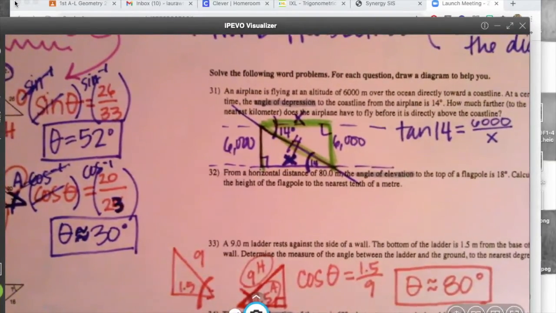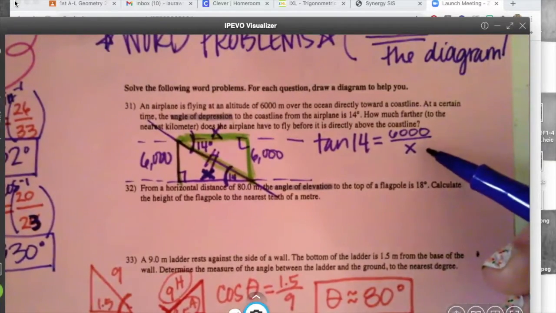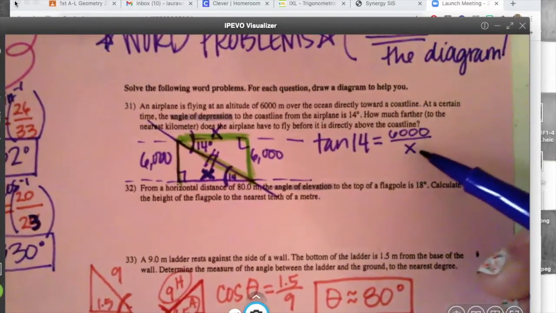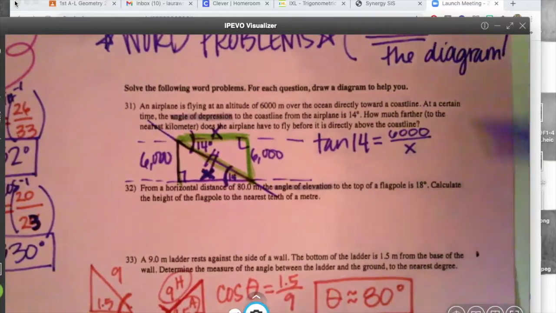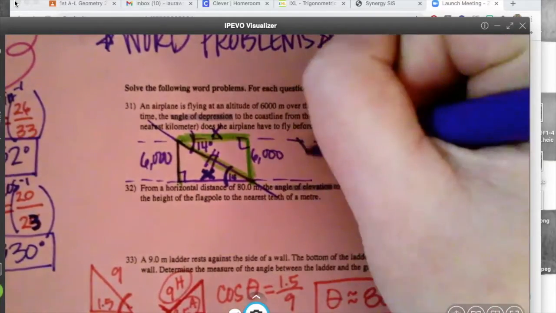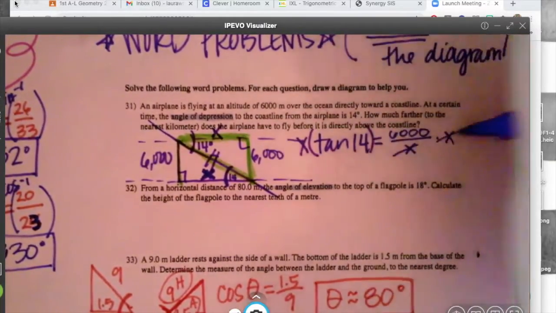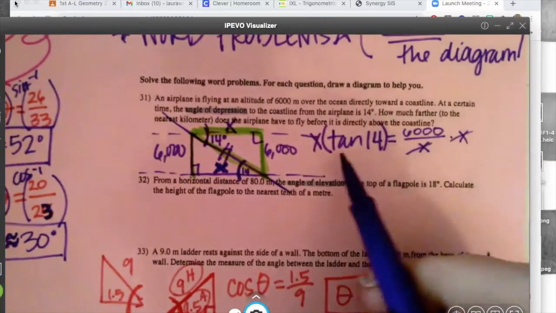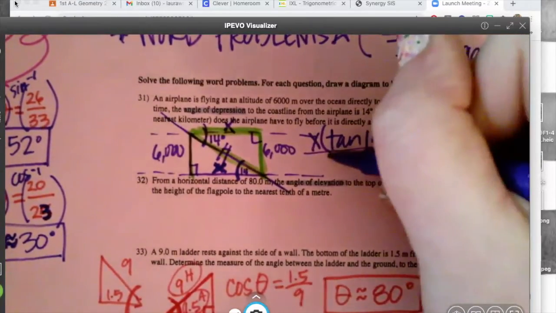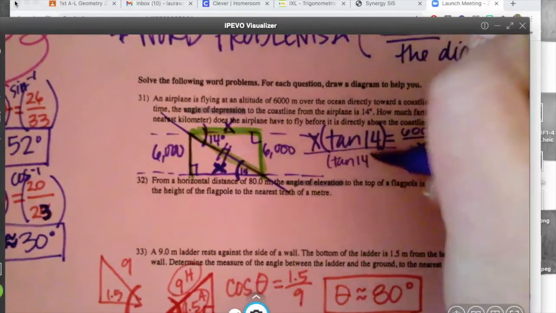So when the x is over here in our fraction, we multiply times the denominator. Happens to be x in this case. And then we're going to divide by tangent of 14 to cancel.